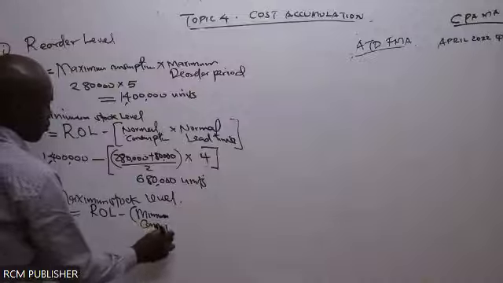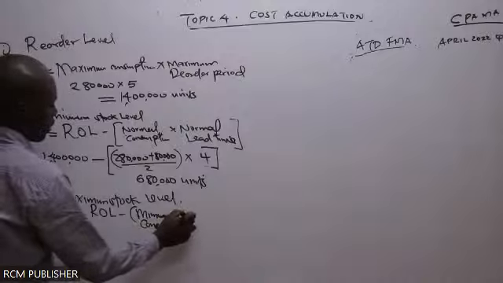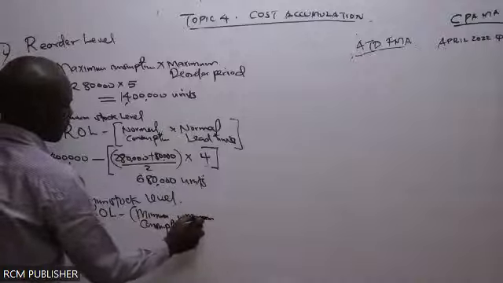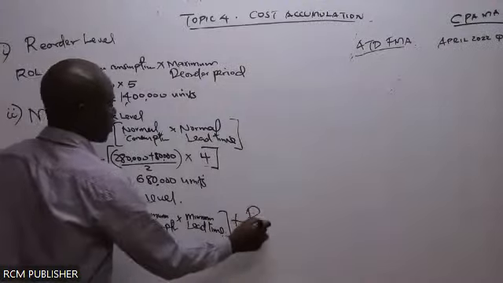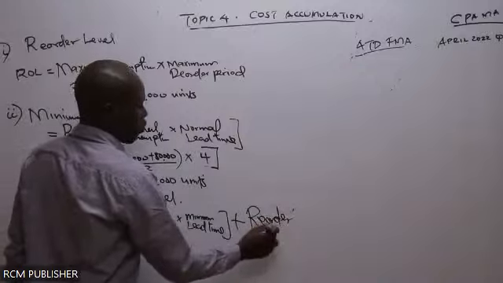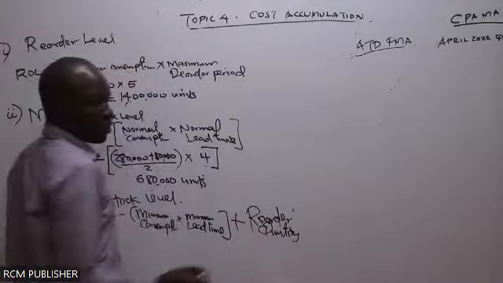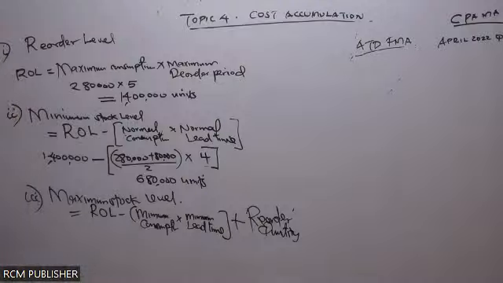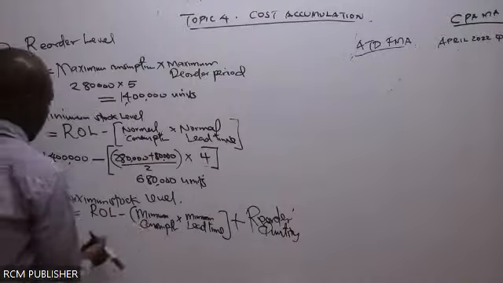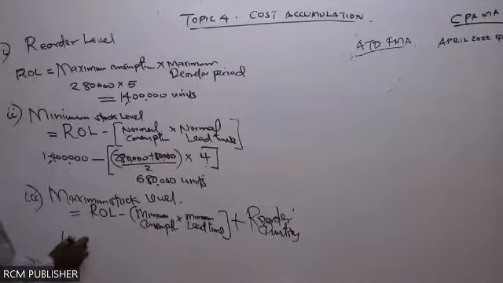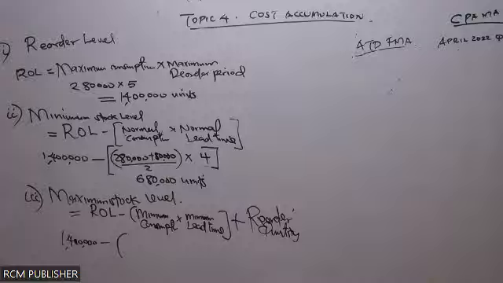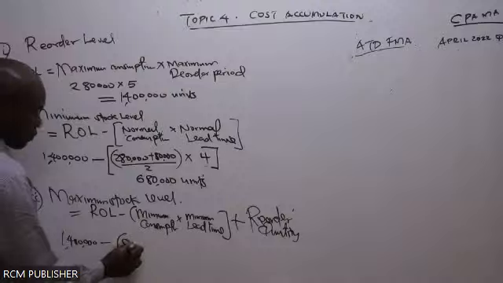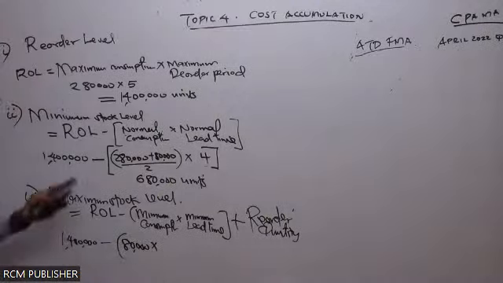Okay, so when you come to this part, you're going to have reorder level minus minimum consumption multiplied by minimum lead time. Then we add reorder quantity. What is our minimum consumption? Of course, reorder level, we have 1,400,000, minus minimum consumption, which is 80,000, multiplied by minimum lead time.